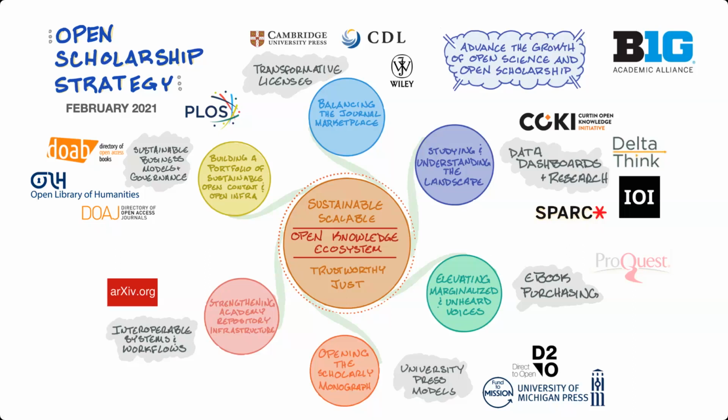And these interventions include balancing the journal marketplace through data-informed decisions, strengthening our repository and publishing infrastructure within the academy, and working in partnership with presses to find a sustainable model for opening the monograph. What works for journals does not work for monographs, so it has to be a different solution. And we know that in order to be the community that we want to be, we always need to be working on elevating marginalized and unheard voices. Can I have the next slide, please?